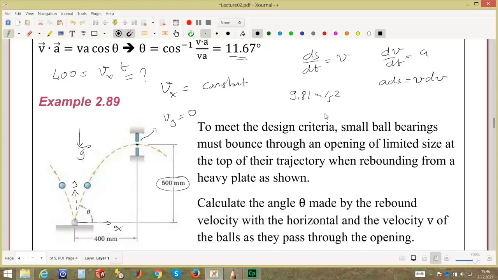But which part should I use at the moment? The thing I don't know is the initial velocity, right? What I know is the distance and the acceleration. I know the final velocity, I don't know the initial velocity. So I should use this formula, I guess. I have a lot of knowns here and one unknown, the initial velocity.